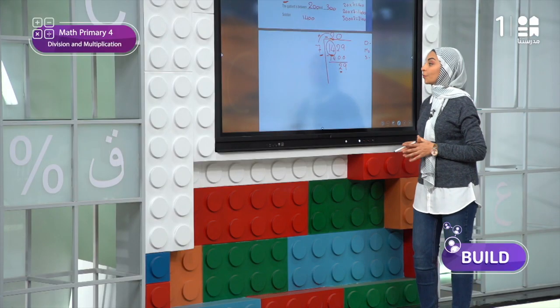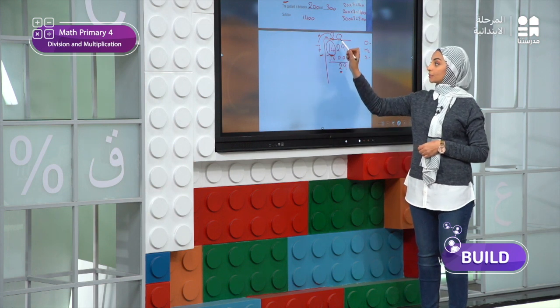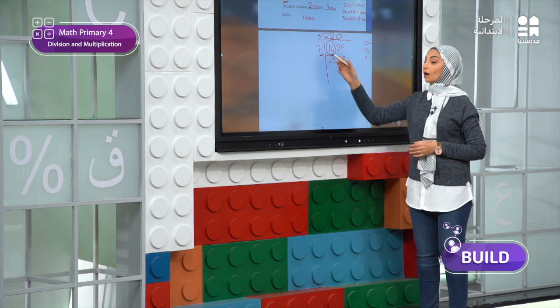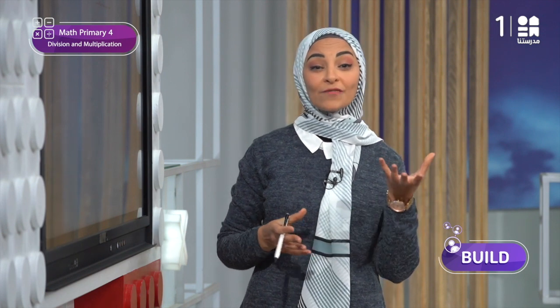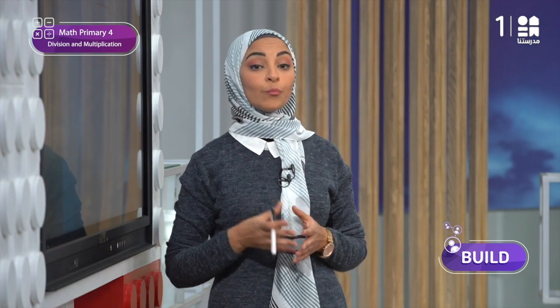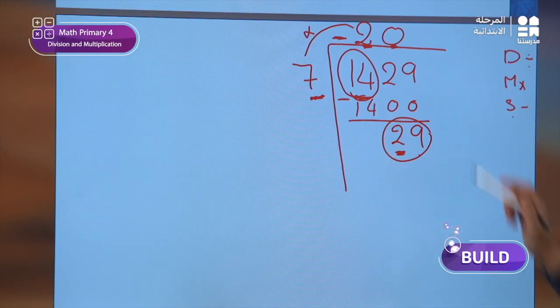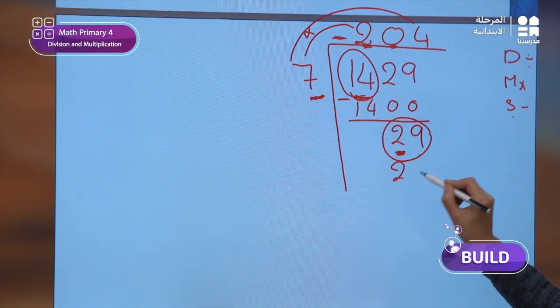طيب, تعالوا نكمل البروبلم بتاعتنا. 2 divided by 7, I can't divide it, so I put 0 in the 10th, and I will regroup this number. 29 divided by 7 equals what? Ask yourself, here 7 times what gives me a number closer to 29 and smaller than it? Yes, it is 4. So, 4 times 7 gives me 28.